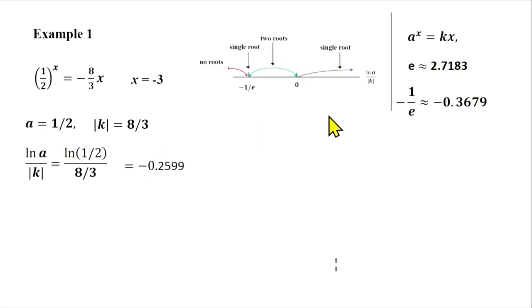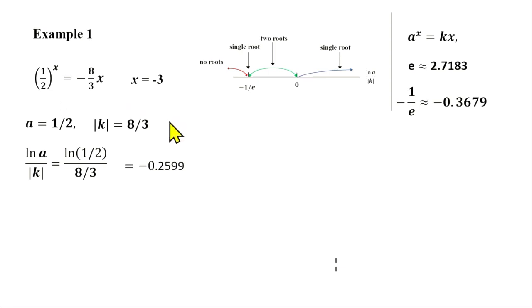We look at the diagram which gives us the number of real roots, and we see that this number is greater than negative 1 over e but less than 0, so it is here, and this corresponds to 2 roots. So this equation has 2 roots, of which we had found 1.